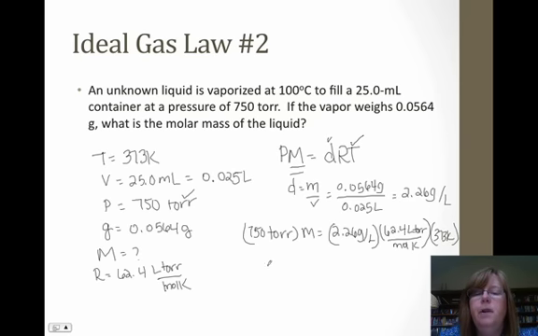All right, to solve for our molar mass, you are going to multiply 2.26 times 62.4 times 373, and then divide it by 750, and we come up with a molar mass of 70, and our units are going to be grams per mole. Everything else will cancel. The liters canceled, our kelvins canceled. When we divide by the torr over here, it will cancel, and we're left with grams per mole.